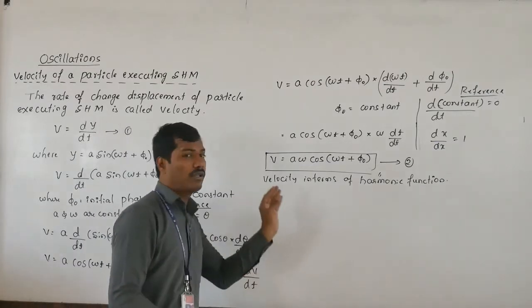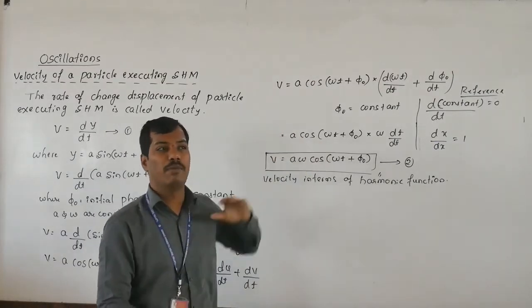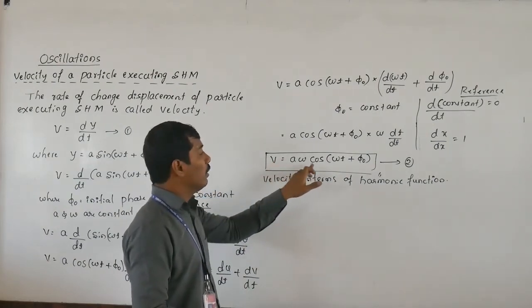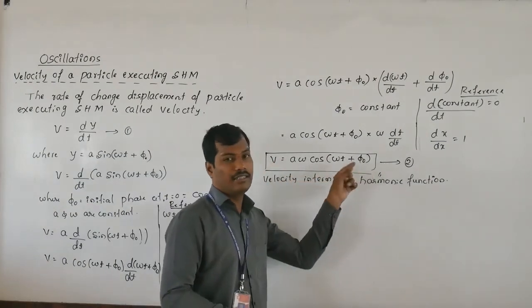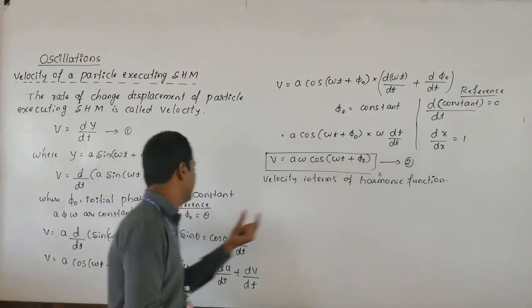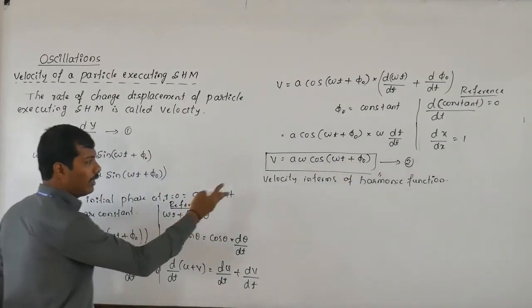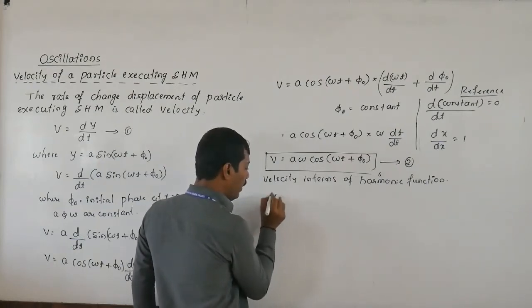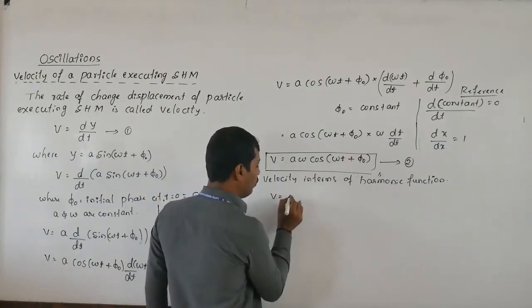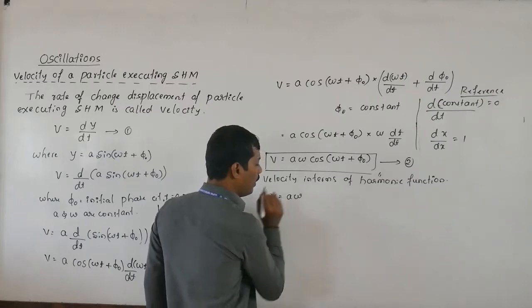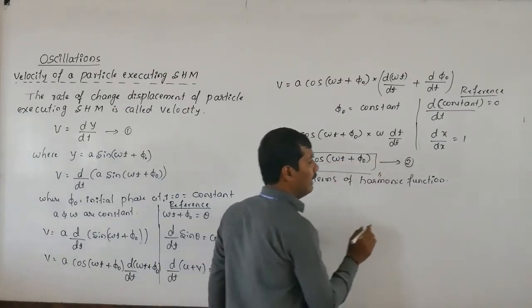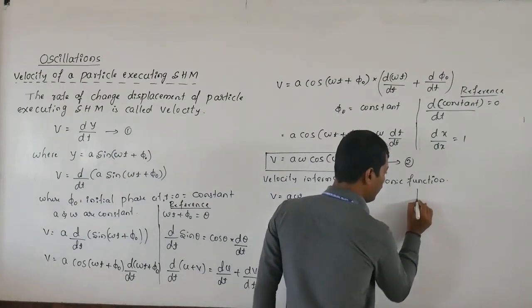Now we have to write this in terms of displacement, because velocity in terms of displacement means what? Here cos of omega t plus phi naught is considered as theta, so cos theta. Then v is equal to a into omega cos theta.